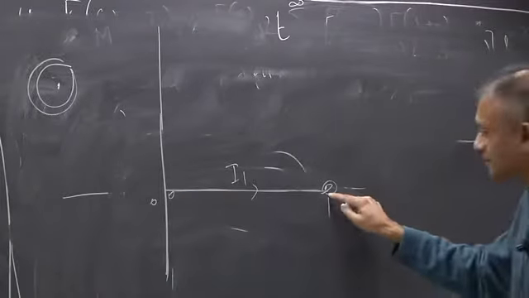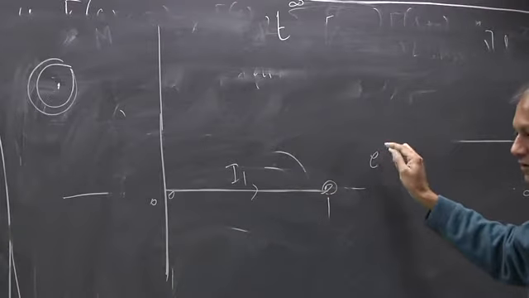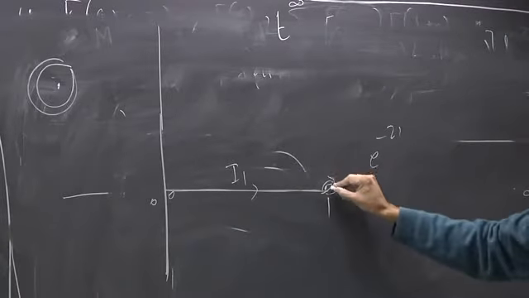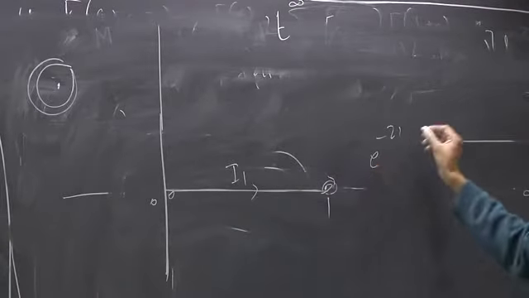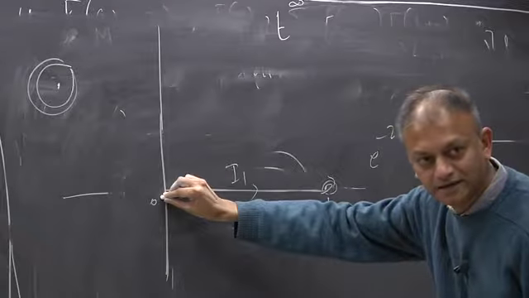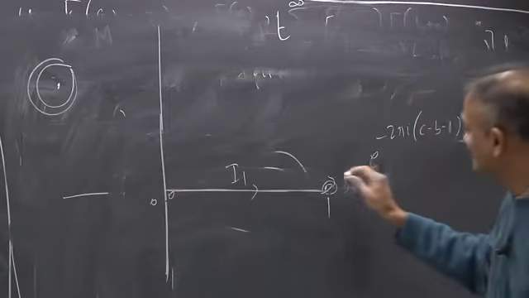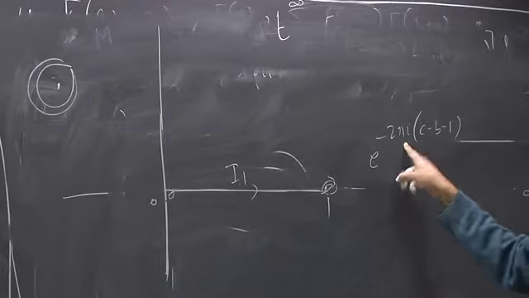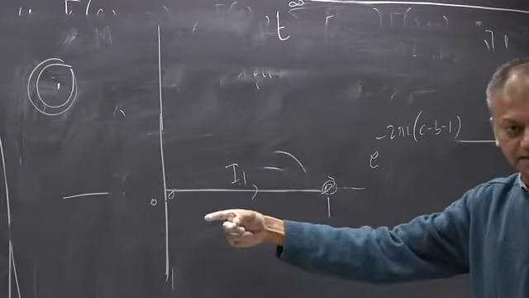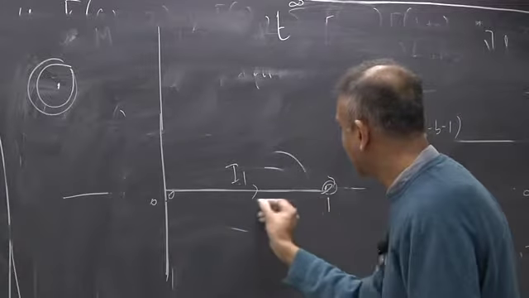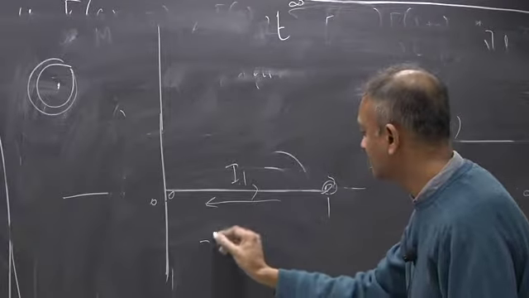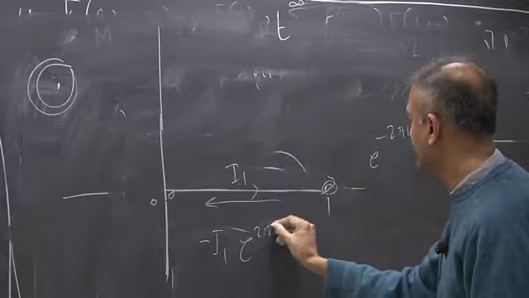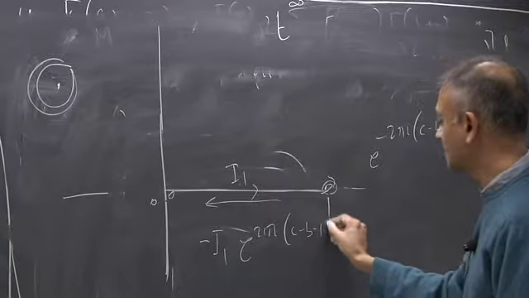This will pick up a phase e to the power of minus 2 pi i (c minus b minus 1), because I'm going clockwise now. And then I come back and integrate here. What will this integral be? It will be the same as I1, but with this phase and the opposite orientation, so minus I1 times e to the 2 pi i (c minus b minus 1).